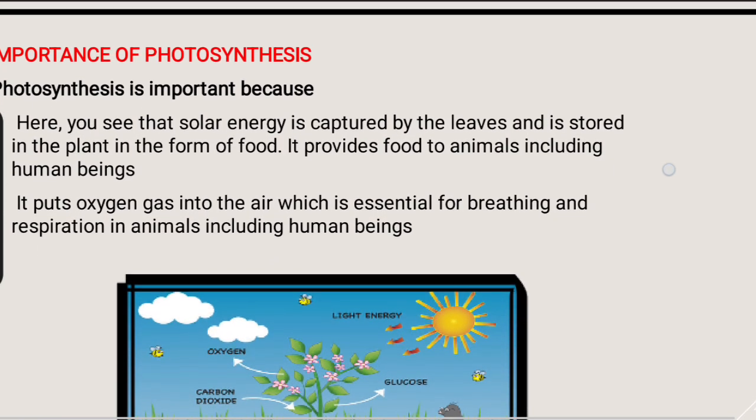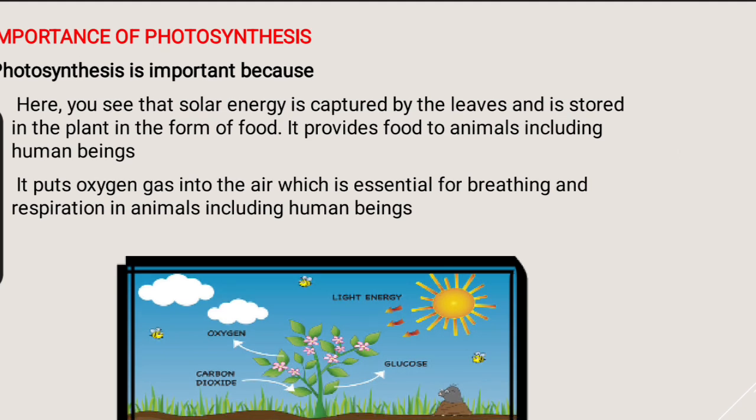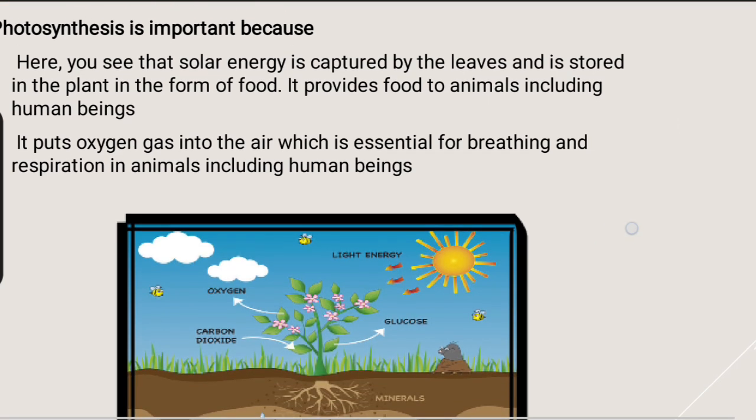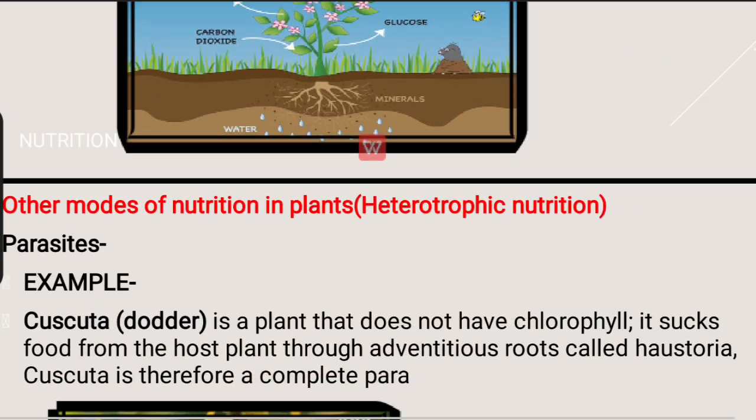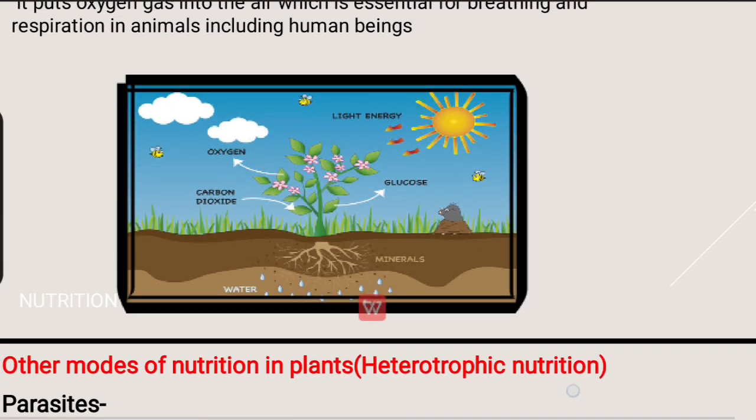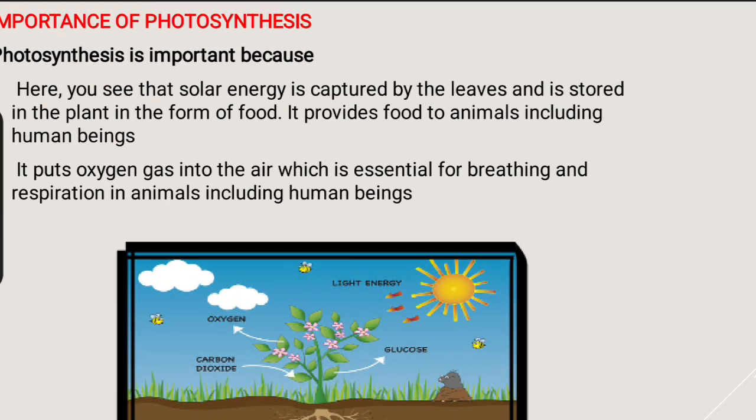And now we can learn why the photosynthesis process is important. The process of photosynthesis is important because by photosynthesis food is prepared, and we all depend on plants for food. It puts oxygen into the air, which is essential for breathing and respiration in animals.